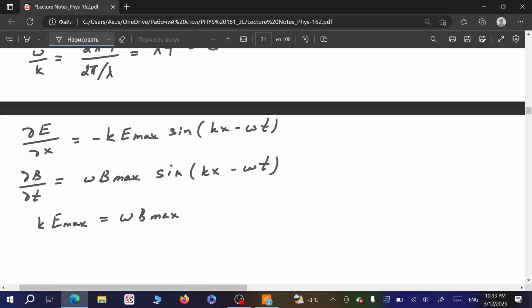So now the ratio between the amplitude of electric field and magnetic field will be equal to omega over k, and as we already know, that will be equal to c, speed of light.